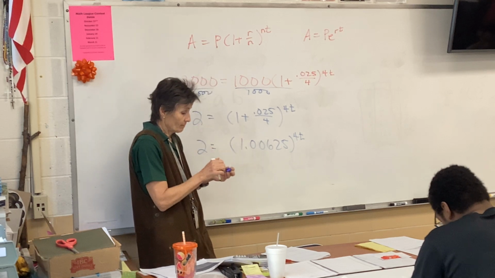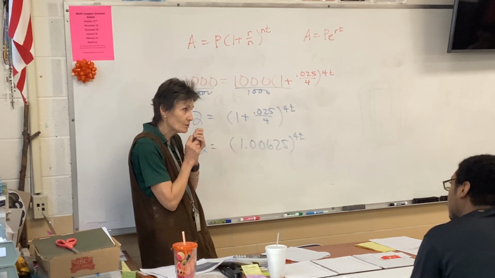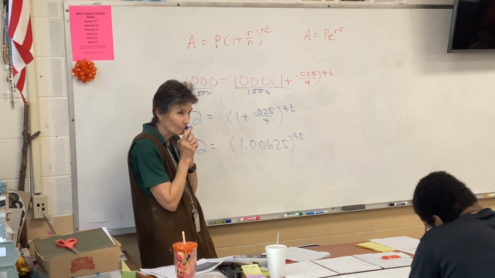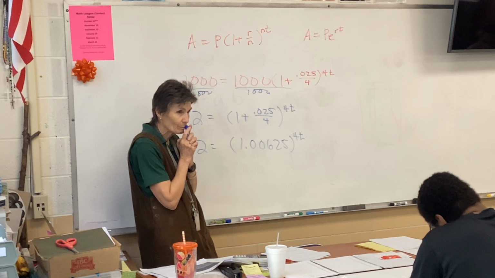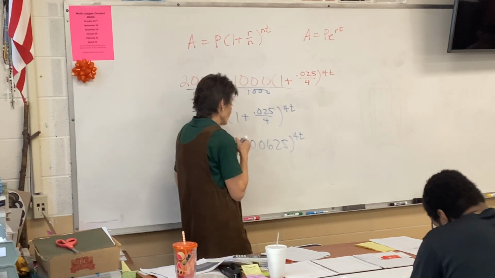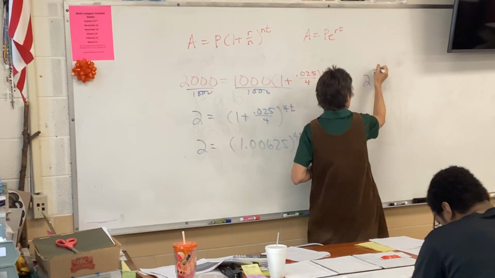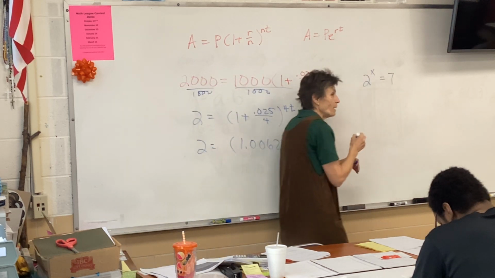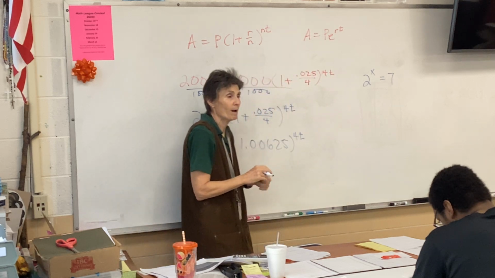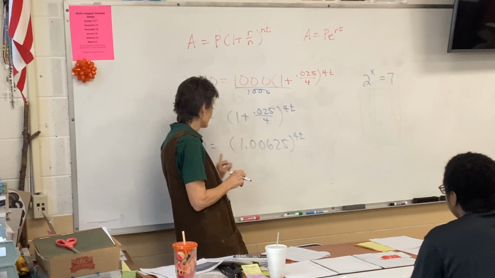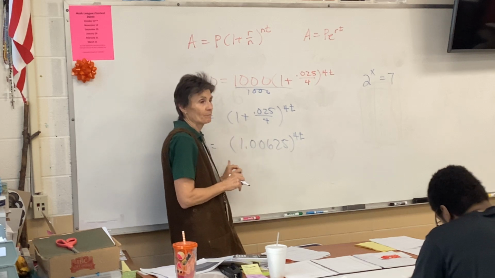All right. Tell me what to do now. This probably looks a little different, but it's the same kind of thing. What did we do when we had that kind of problem, where we had to find our exponent, but there wasn't a common base?